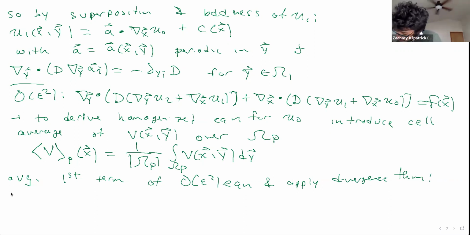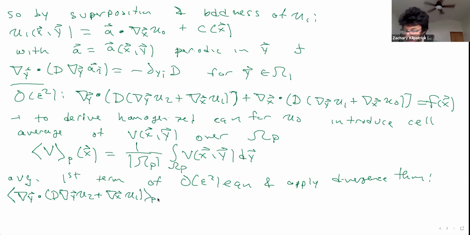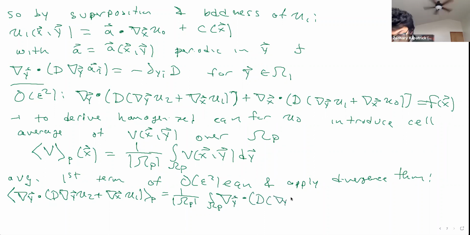If I do that, I have this average of the divergence of d times the gradient y of u2 plus the gradient x of u1, averaged over the cell P. This is equal to 1 over the volume of Omega_P times the integral over Omega_P of the divergence with respect to y of d times the gradient with respect to y of u2 plus the gradient with respect to x of u1, dy.